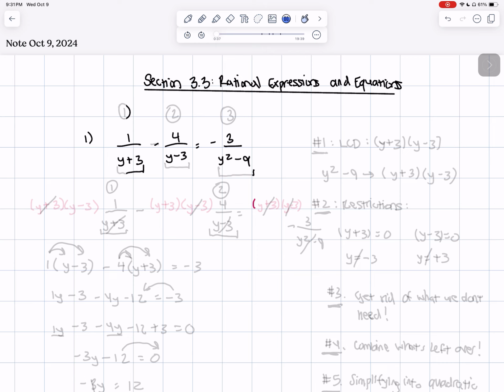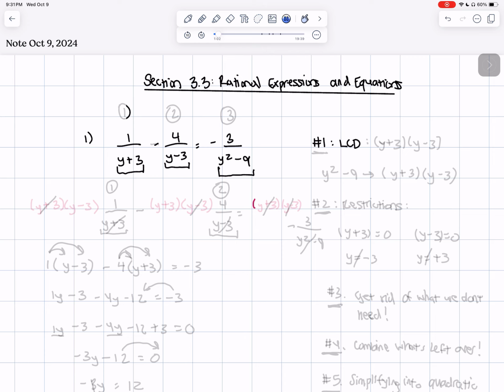So what we have to do is find out what our LCD is. That's going to be our first step. So how do we do that? Well, I look at my denominators. I see y plus 3, y minus 3, and then y squared minus 9.